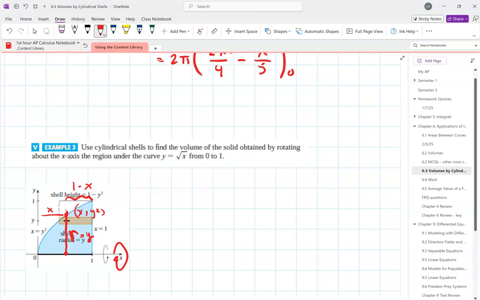I shouldn't say y, I should say it's x comma x squared. Oops. Or square root x, I should say.